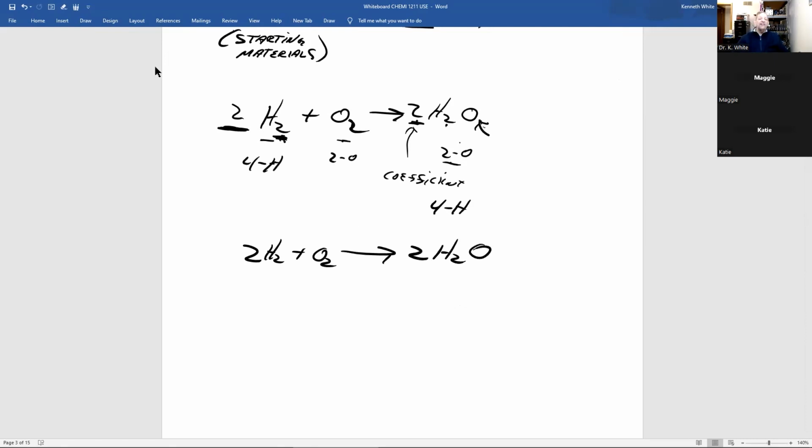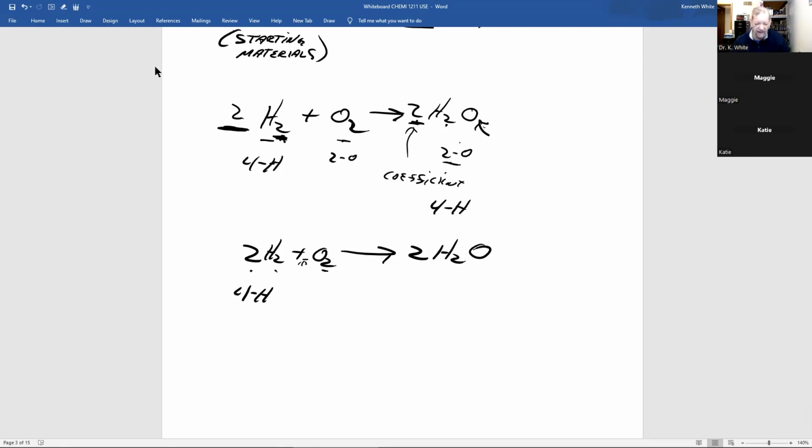And now, just like balancing your checkbook, to make sure you balance the chemical equation, how many hydrogens on the left side, the reactants? 2 times 2 is 4 hydrogens. How many oxygens are on the reactant side? 2 times 1. Remember, when there's no number in front, the coefficient is the number 1.